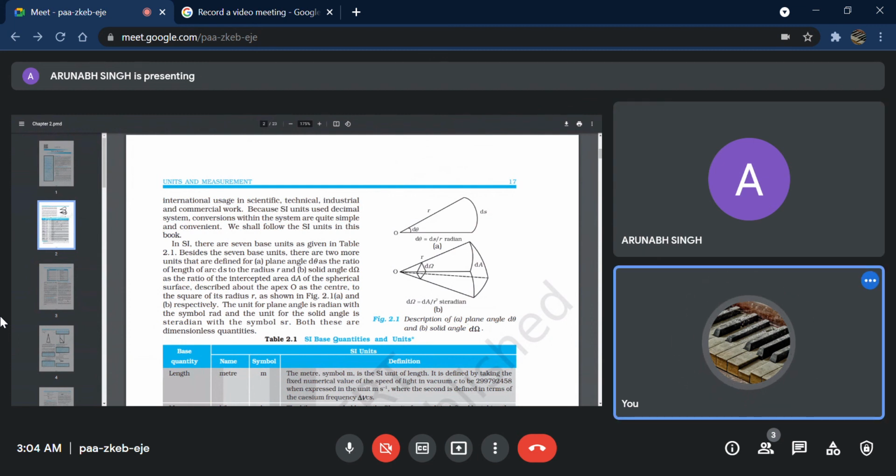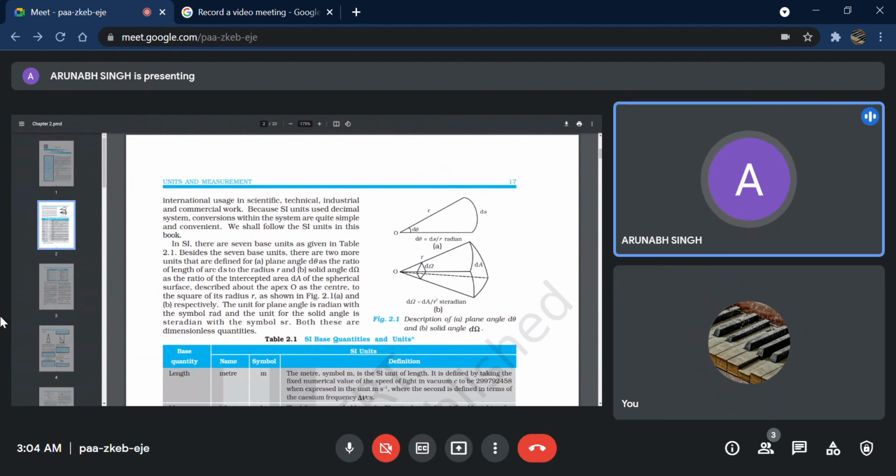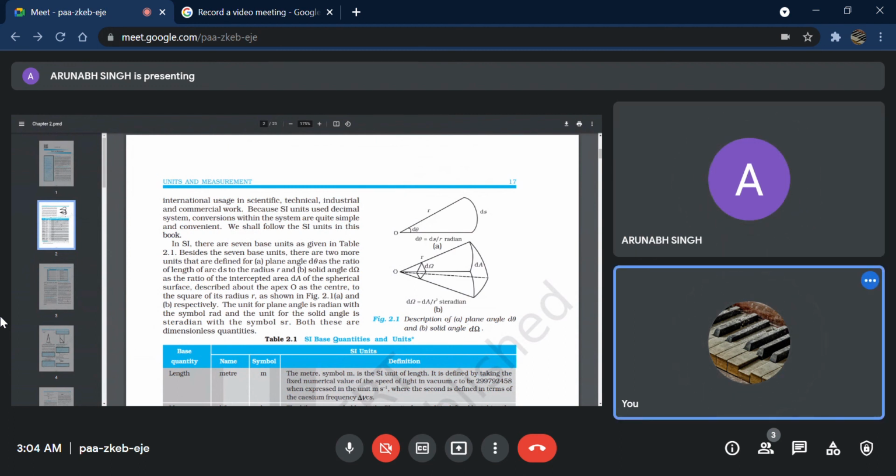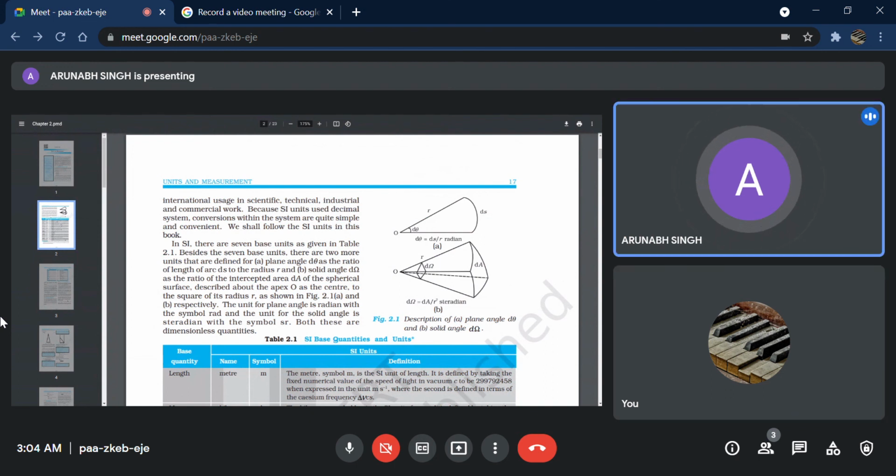That's what we are doing this for. And I hope that you also wouldn't have thought about this formula up till now in this manner. No, I didn't. I made it up right now.